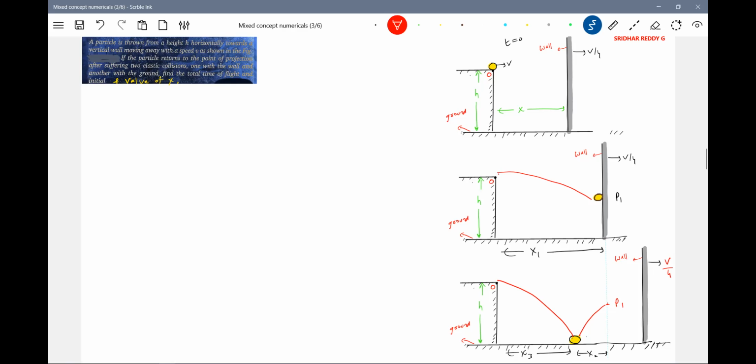There's a point P2. Now almost all the data is ready in front of us.